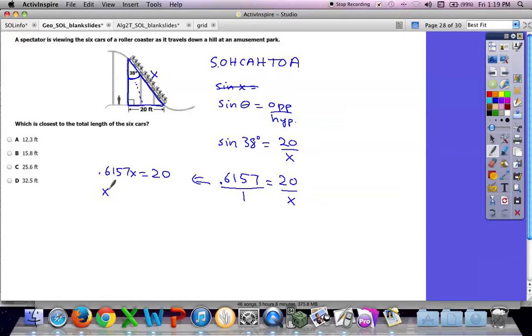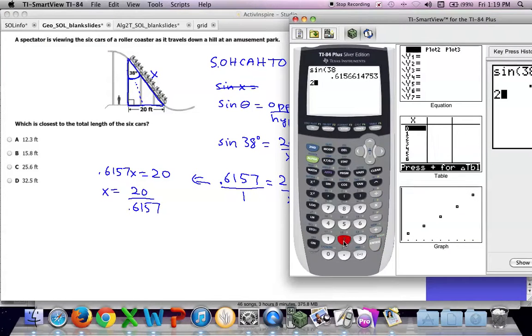So x equals 20 divided by 0.6157. That's the math you need to do. 20 divided by 0.6157 is 32.48, or 32.5, which is here.